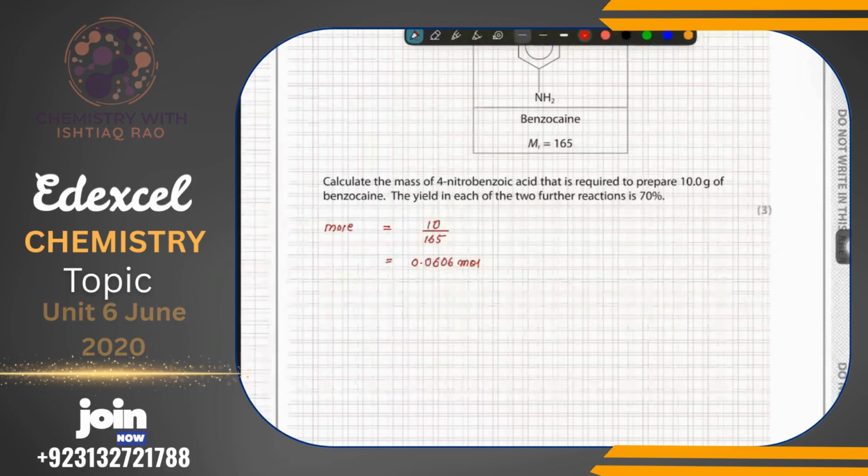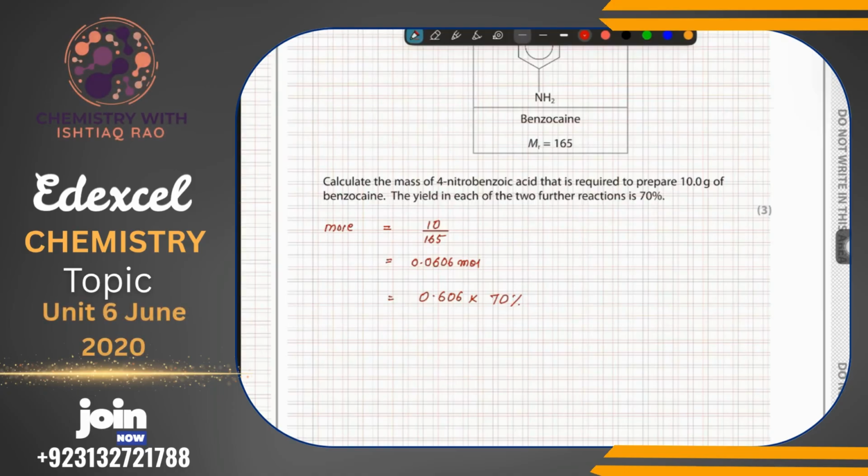70% of something is 0.0606, so something multiplied by 0.7 gives this.